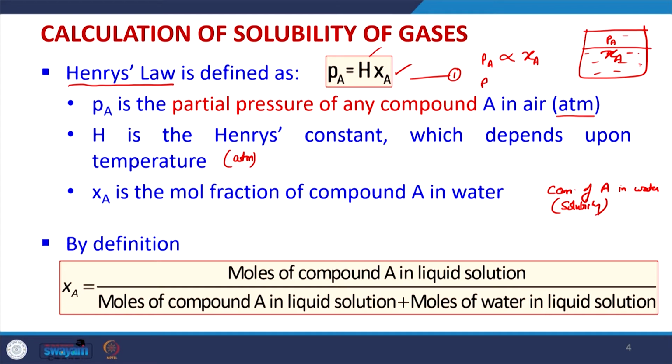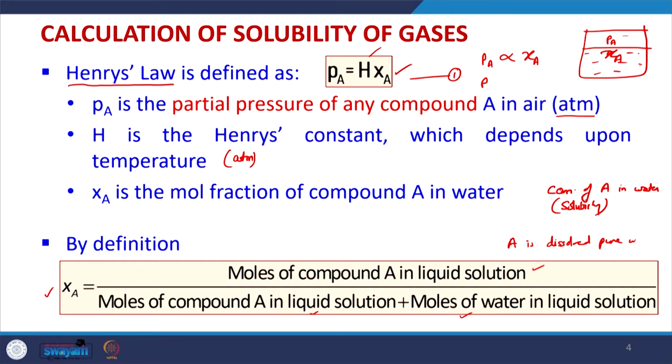Now, by definition, the mole fraction is moles of compound A in the liquid solution divided by moles of compound A in the liquid solution plus moles of water in the liquid solution. We are assuming that only A is dissolved in pure water.